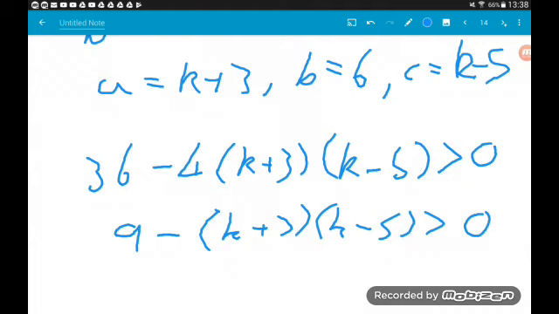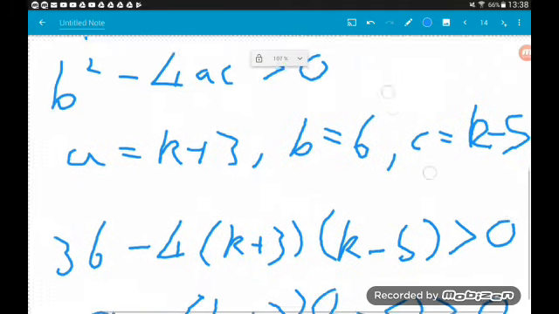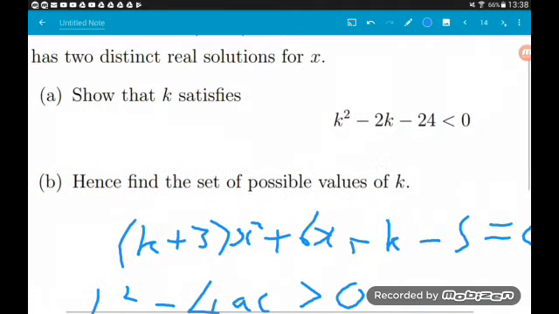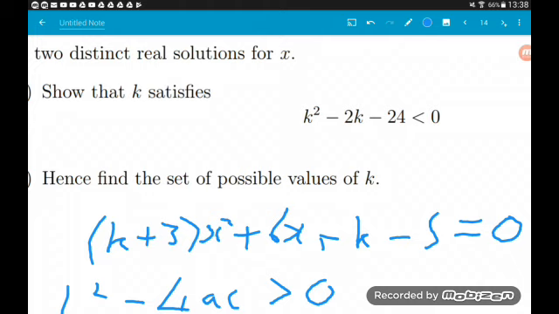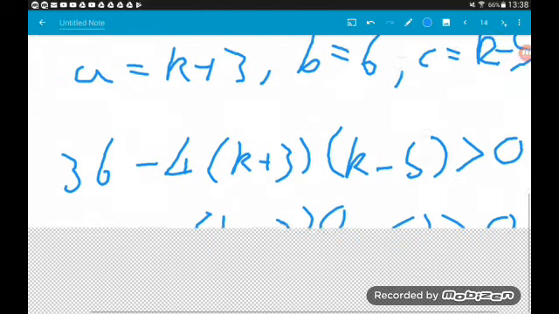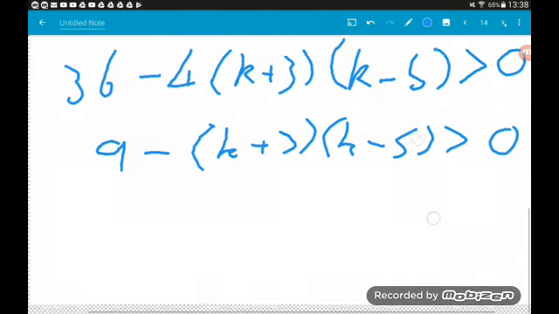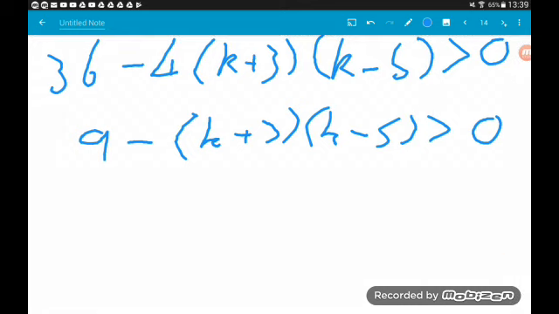Now, here, again, before I expand the brackets, let's just go back and have a look at the form we're trying to get into. We want every term to be less than 0. So, what I'm going to do here, I'm just going to add the (k plus 3) times (k minus 5) to the other side.